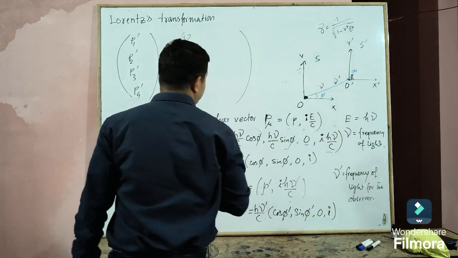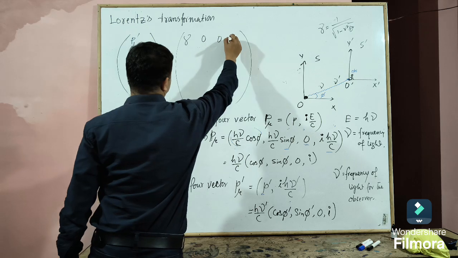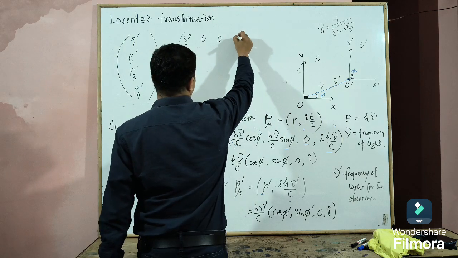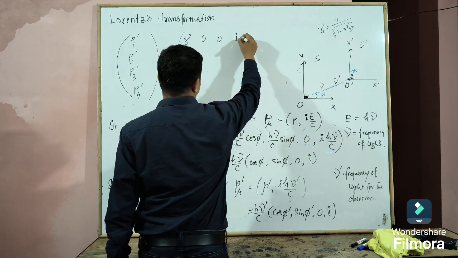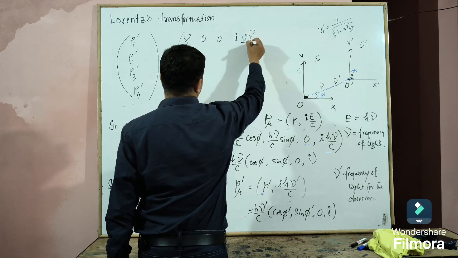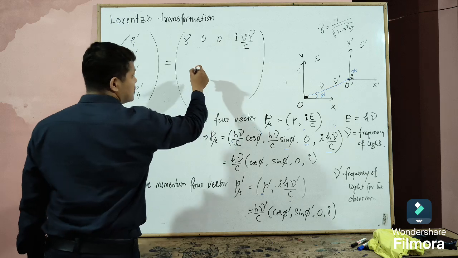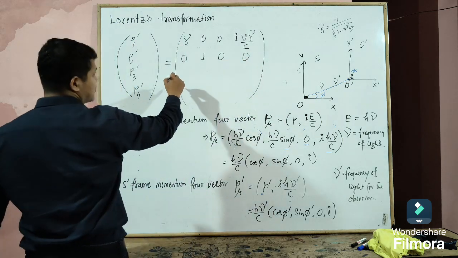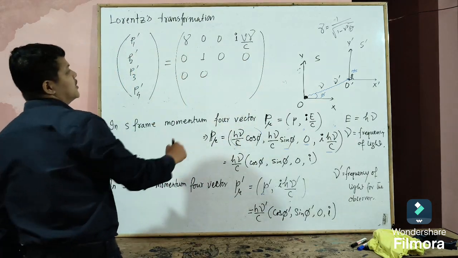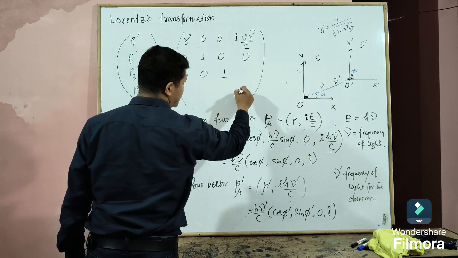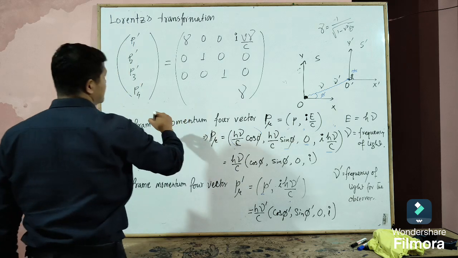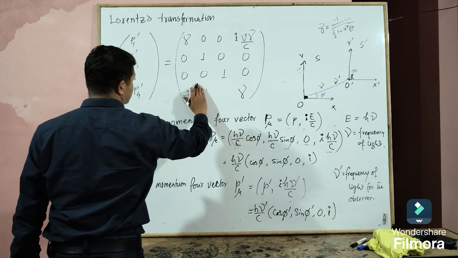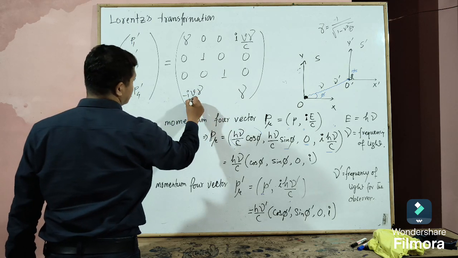Then the matrix rows: gamma, 0, 0, i v gamma divided by c; then 0, 1, 0, 0; then 0, 0, 1, 0; and on the diagonal again gamma, with the same term coming here but opposite in sign, minus i v gamma divided by c.